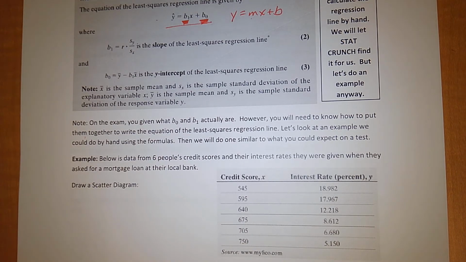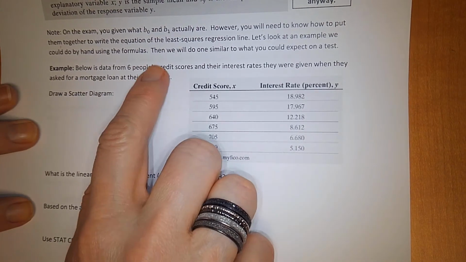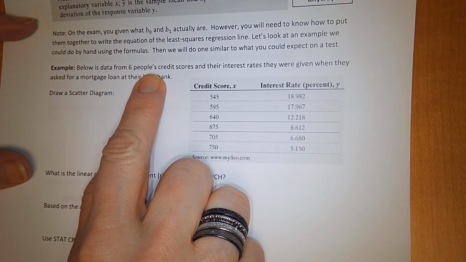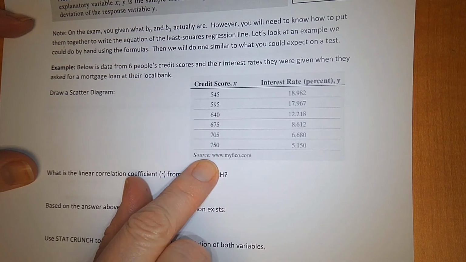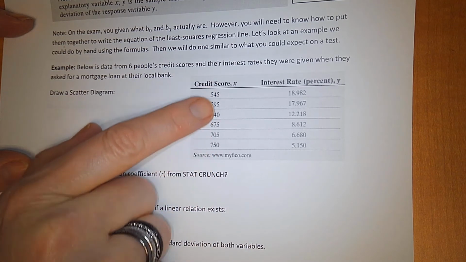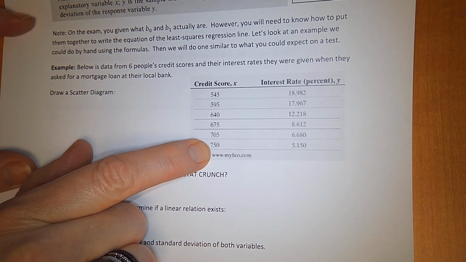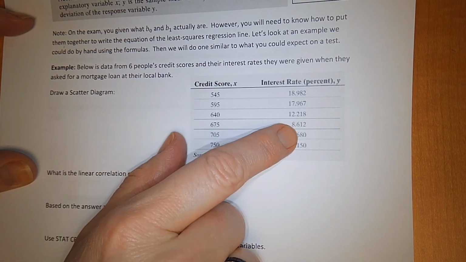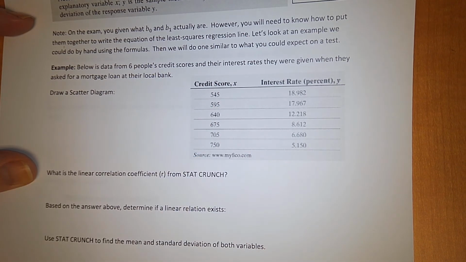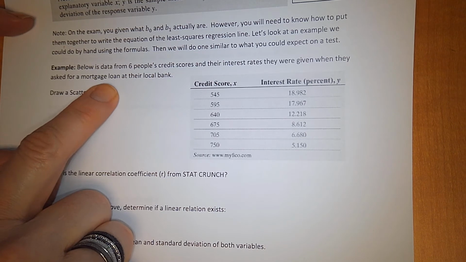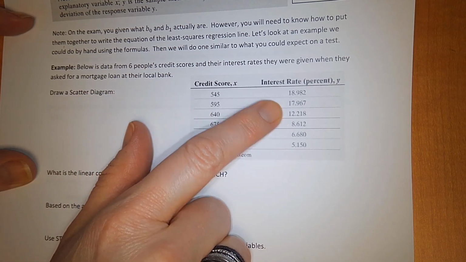All right, so below I have an example of 6 people's credit scores. Down here I have 6 different people and each of their credit scores ranging from not so good to very good. Beside that, I've got the interest rates they're given when they asked for a mortgage loan at their local bank.